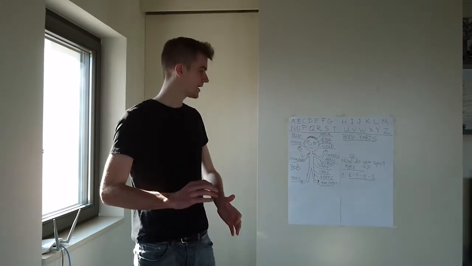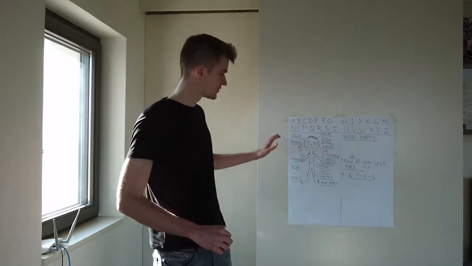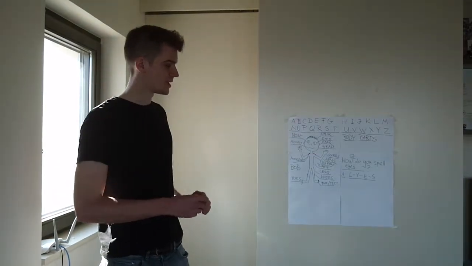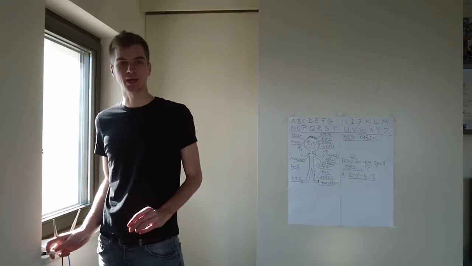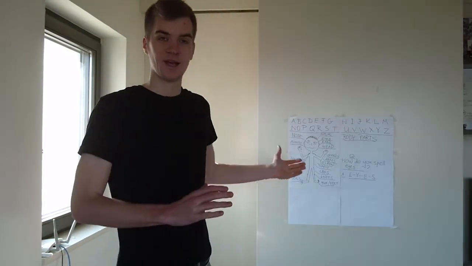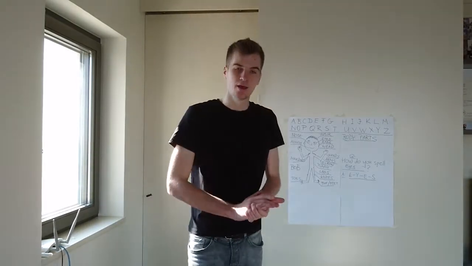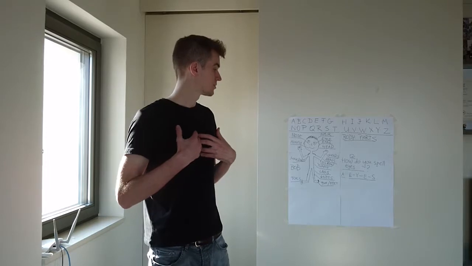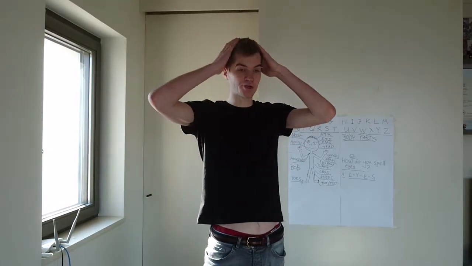Now that Bob has shown all of his body parts to us, let's play a little game called Bob Says, okay? In this game, if I say Bob says, touch your head, then you have to touch your head.